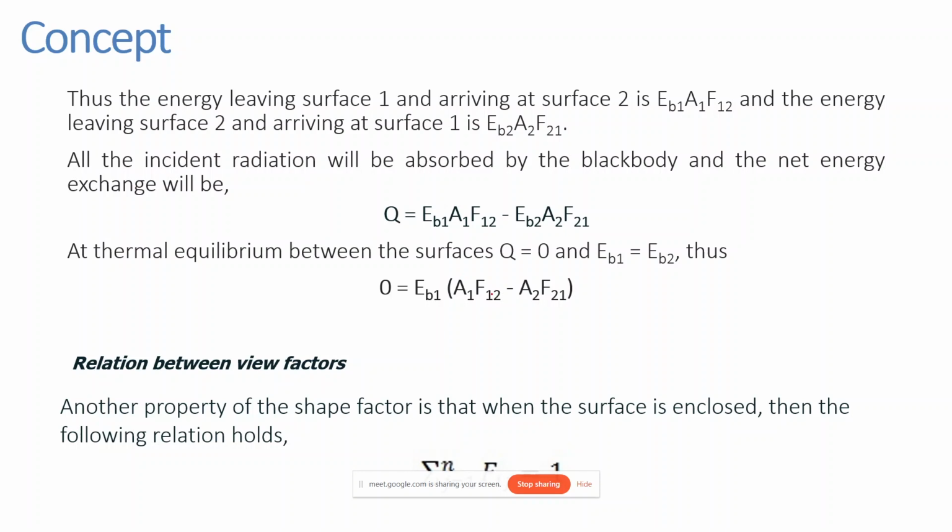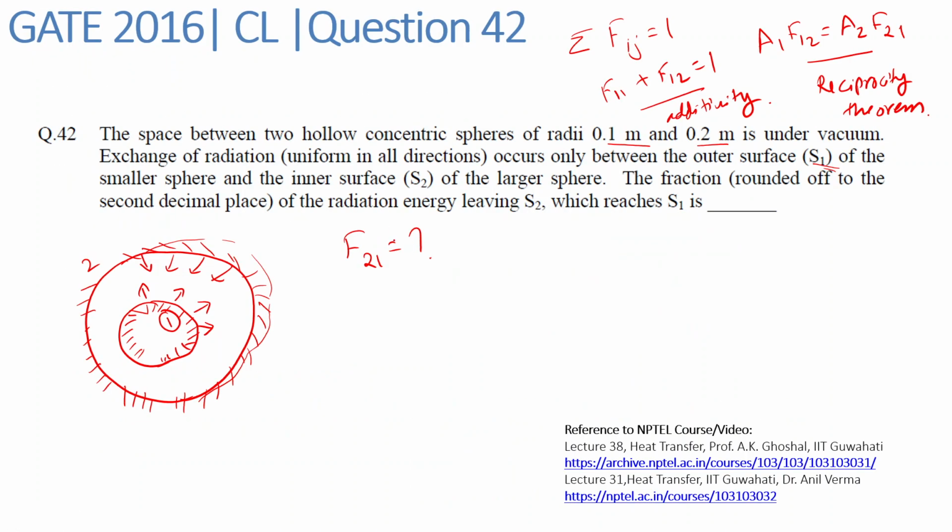Then this is how we derive the reciprocity theorem. So from this we get A1 F12 is equal to A2 F21, and at the bottom we have the additivity rule. We will be using these to solve our question. Now any radiation which leaves the first surface won't come back to surface 1 again.